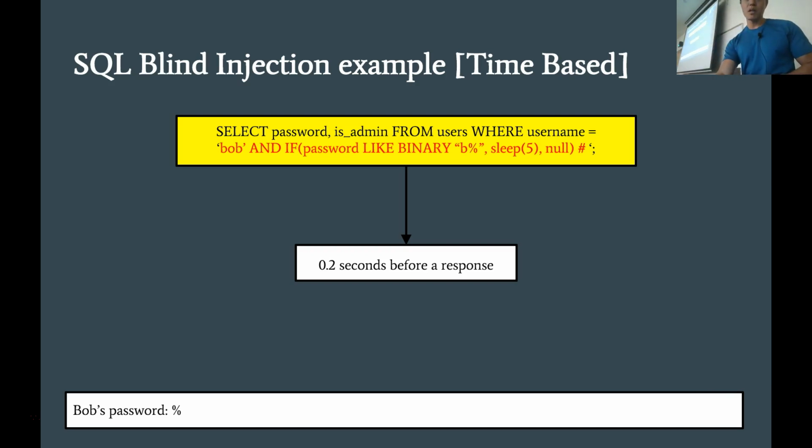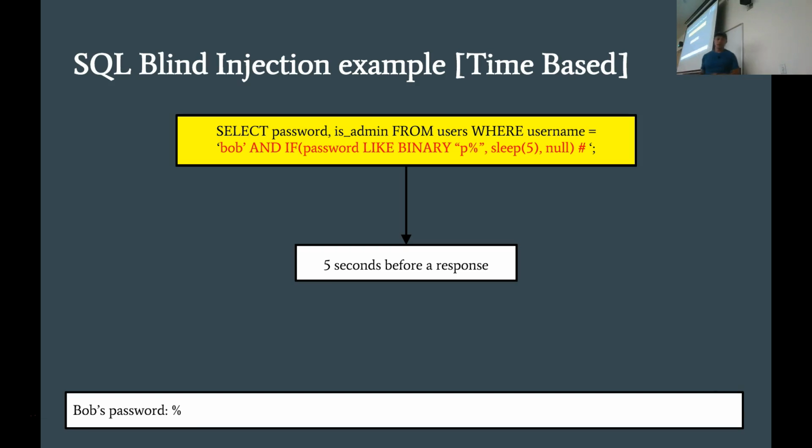You try B, and B is fast. You try C, C is fast, D is fast, and then you get to a character P, and P% gives you a 5-second response time. So then you know Bob's password begins with a P.